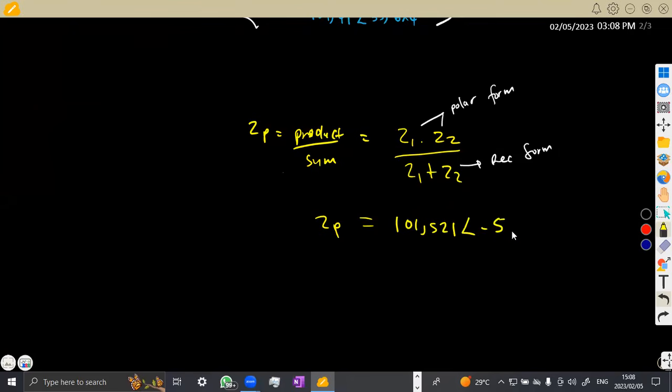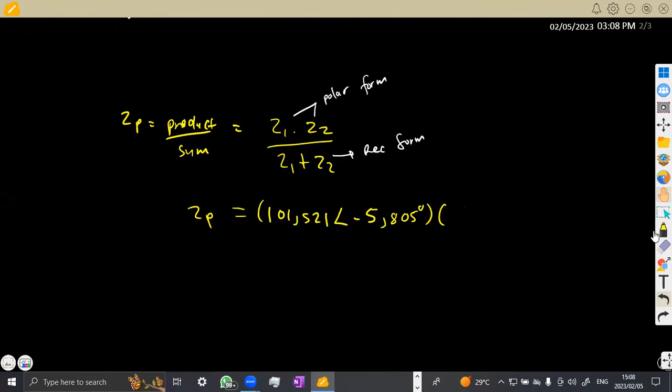Take note of this negative, guys. I want you to understand that part properly. Then multiply by Z2, which we take in polar form, and that was 109,49 angle of 35,624 degrees.